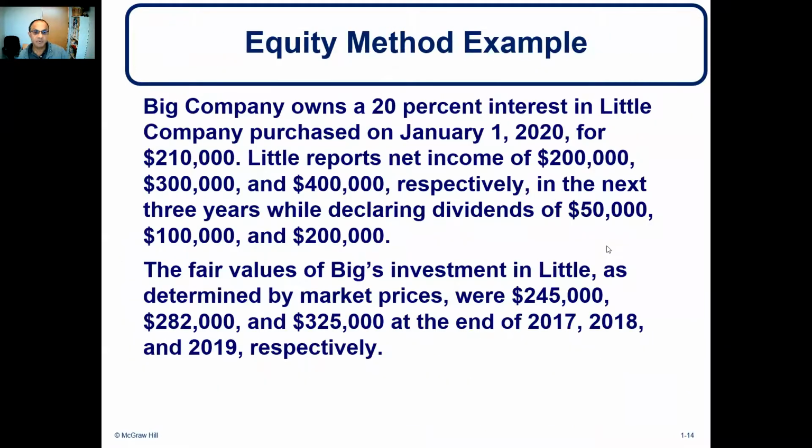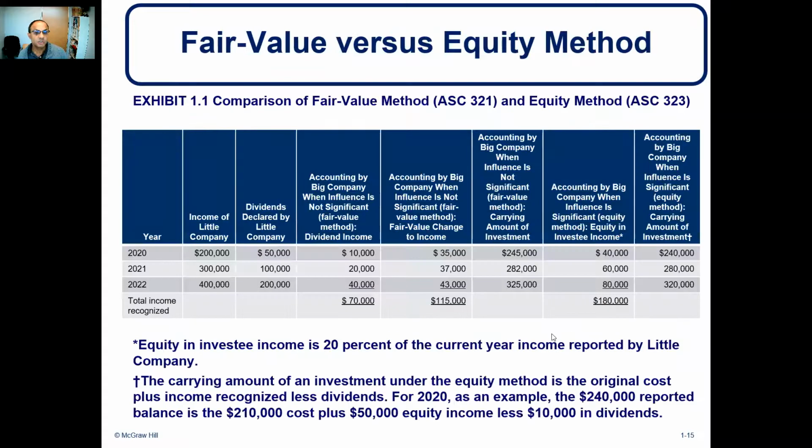Here we see we have 50, 100, 200, and here is the market value. So here the company, when there is influence, they have 40,000. What does it mean? It's the equity in the investee company, because if you remember, they made income 200, 300, 400.